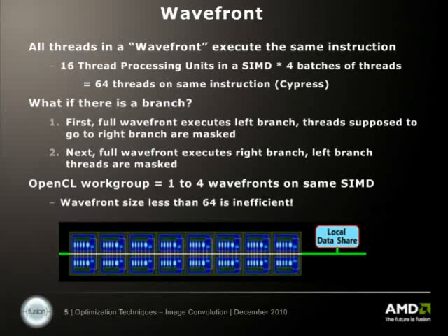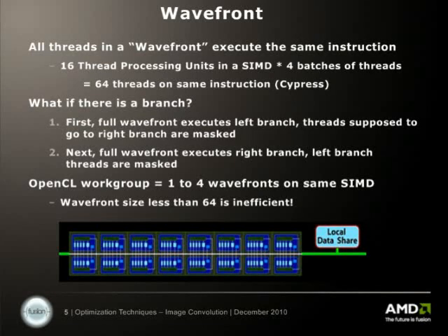All right. So now for each SIMD, I mentioned we have 16 ALU units. But what actually happens when we execute kernels on our GPUs is that our GPUs have quite a few pipeline stages, and because they're heavily pipelined, to keep the pipeline filled, we execute the same instruction over 4 different clock cycles.